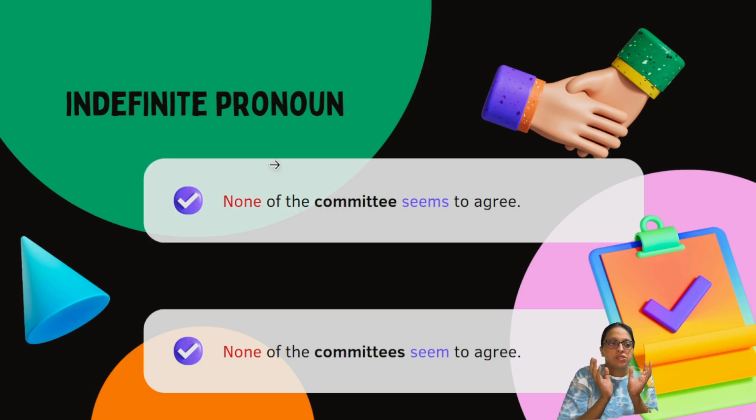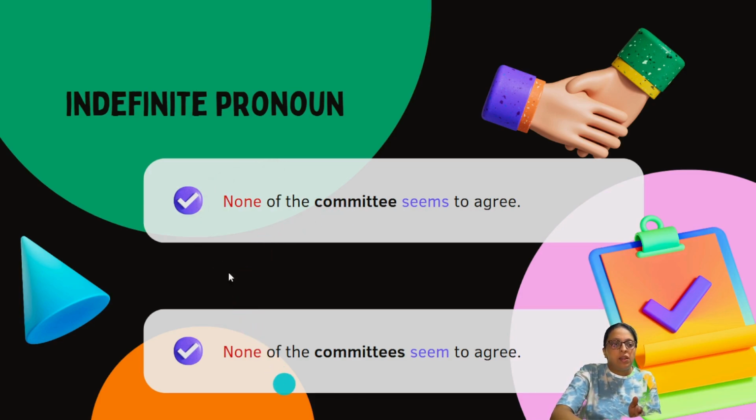When we say none of the committee, we are referring to every part of the committee, that includes the members. Therefore, we have taken a singular verb, because if you consider each and every part of the committee, there is no one that seems to agree. Therefore, none of the committee seems to agree will take a singular verb.